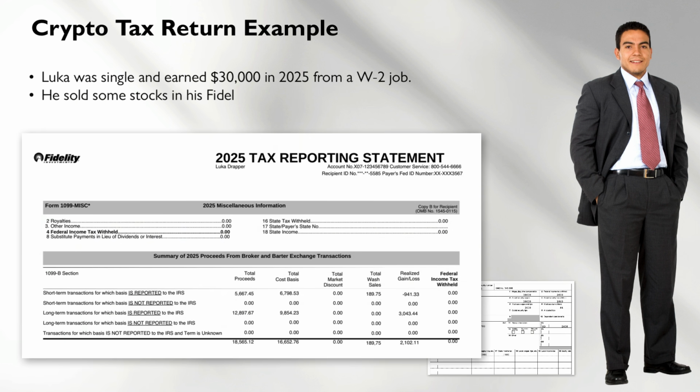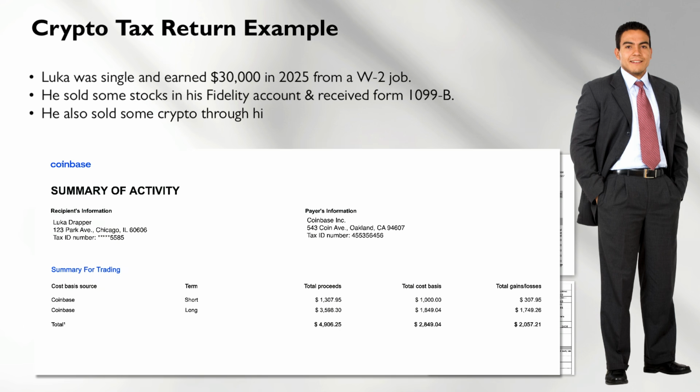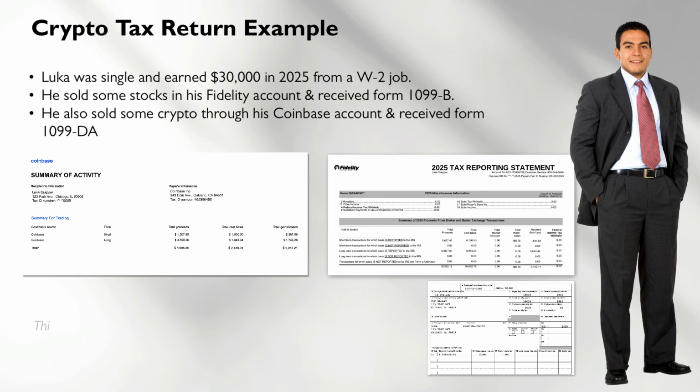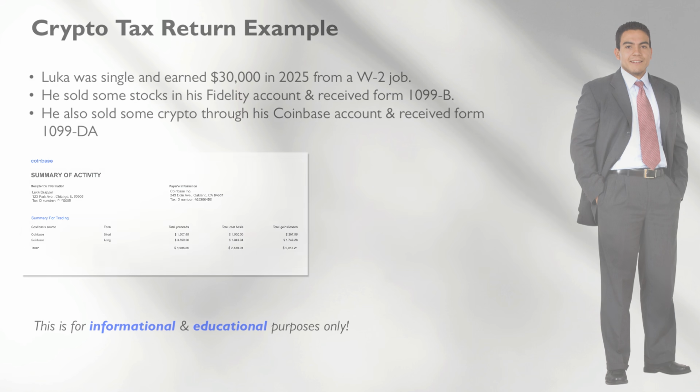During the year, Lucas sold some stocks and received a 1099-B from Fidelity. He also sold some crypto in his Coinbase account and received a new 1099-DA form. Note, all forms and numbers shown here are examples for illustration purposes only.